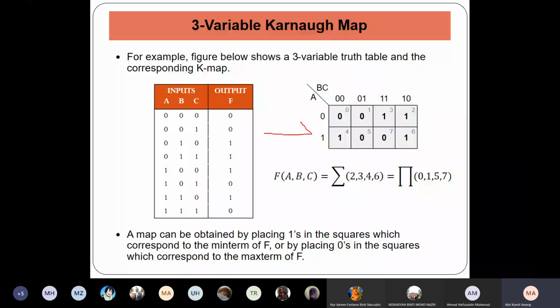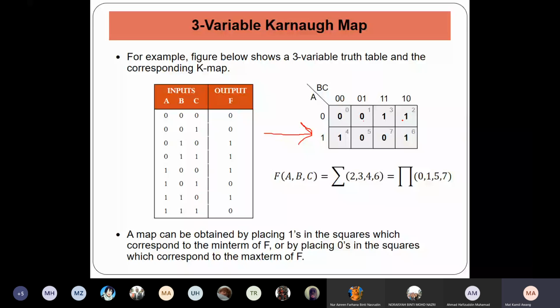So this is how you do it. 0, 0, 0, which is this one, is 0. 0, 0, 1: A is 0, B is 0, can be this, and C is 1. So here, 0. The third one is 0, 1, 0. So still A is 0, B is 1 and C is 0. So this is the one here.